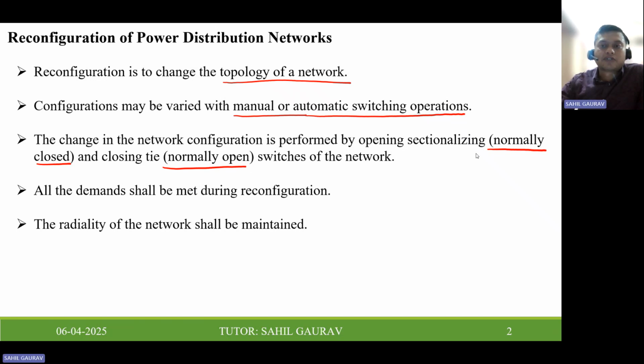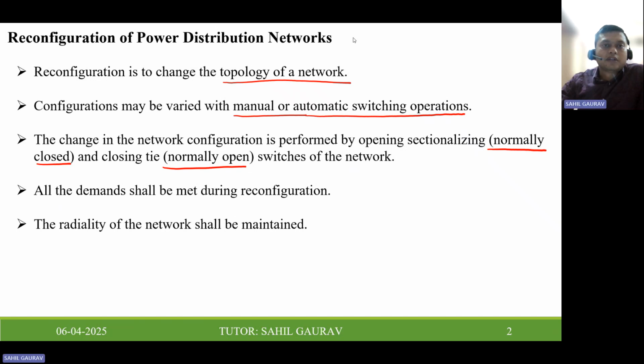One is the sectionalizing switch, which is normally closed, and the other is the tie-line switch, which is normally open. Tie-line switches are used to connect two parts of the network that are fed through different feeders, and sectionalizing switches are used to remove the faulty parts.